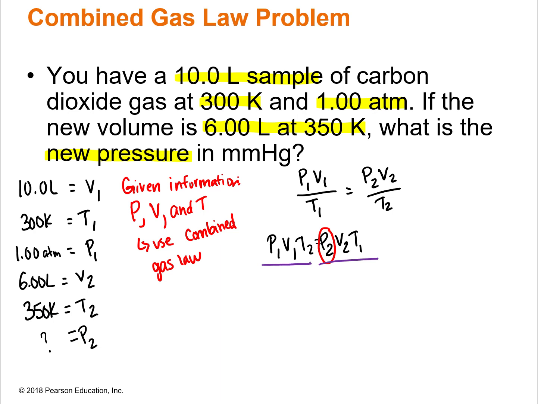We're going to do just like we did before, isolate it. Divide by V2 times T1. I pull out the pressure. And then I've got V1 over V2 and T2 over T1. Really crucial that you make sure that those subscripts for the initial versus final are clear.